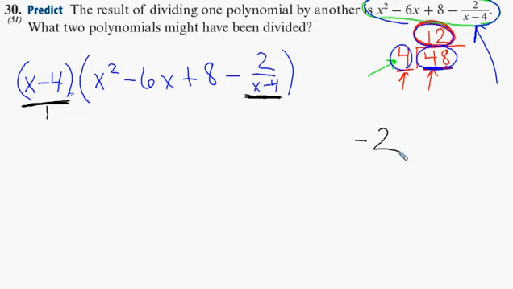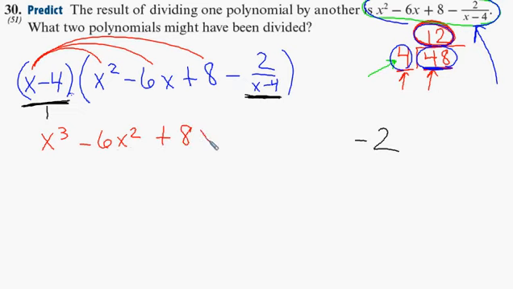Now I'm going to use the distributive property and multiply everything else individually. So I have x times this, and x times this. That's x to the third, negative 6x squared, and plus 8x. Next I need to multiply this negative 4 by all of this stuff.